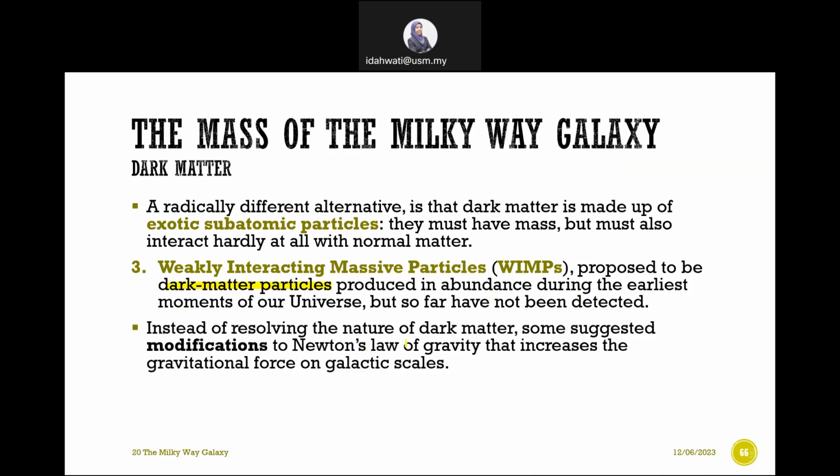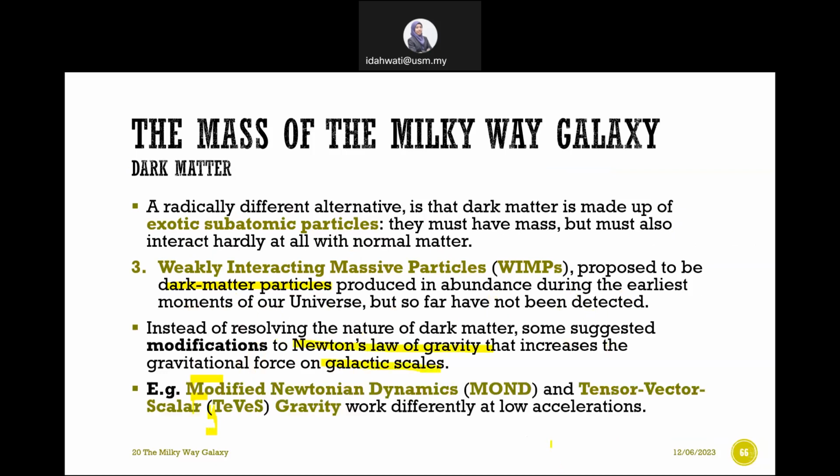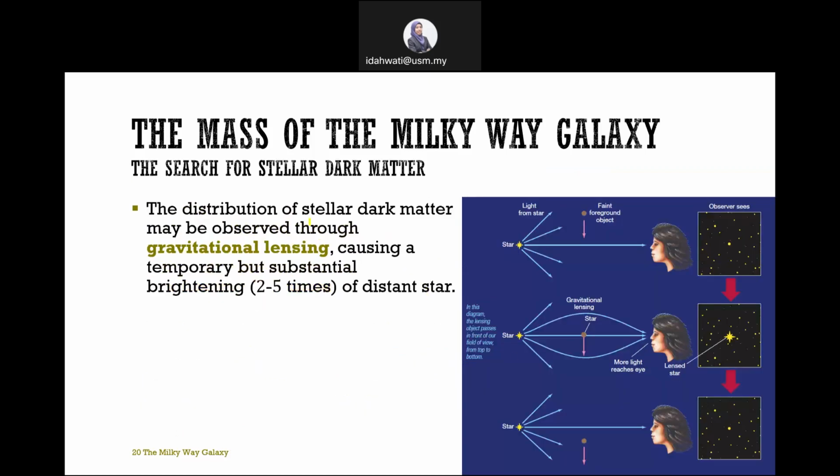It has also been suggested to modify Newton's law of gravity, increasing the gravitational force Fg on galactic scales. For example, we have modified Newtonian dynamics, MOND, and the tensor-vector-scalar gravity, which work differently at low acceleration.